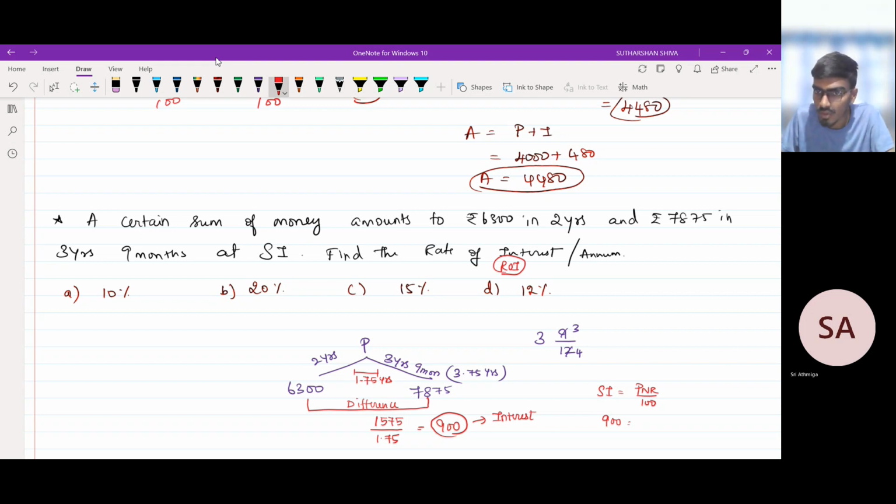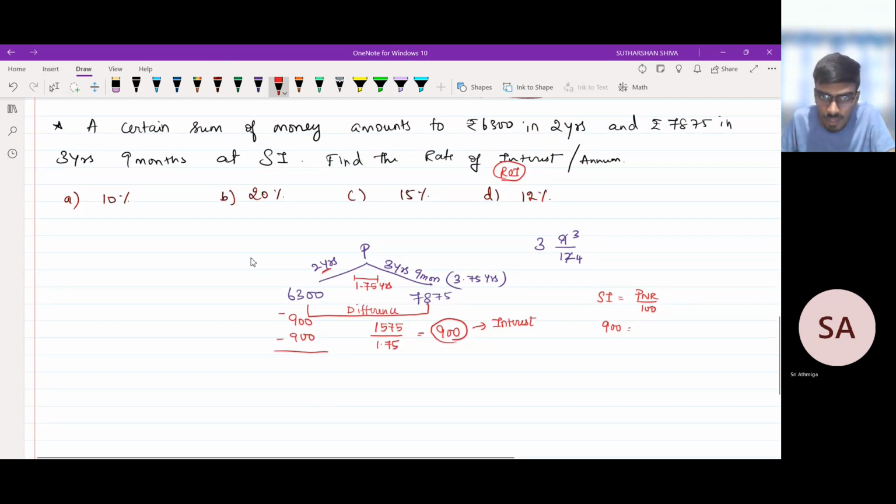The principal value you don't know. What you can do now is reduce this 900 two times from 6,300. It means you will end up with a principal value of 4,500. Okay, this is going to be your principal value.